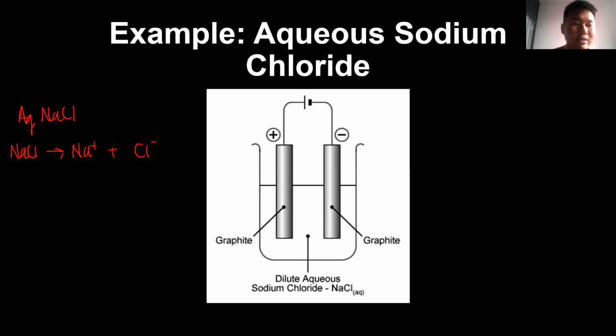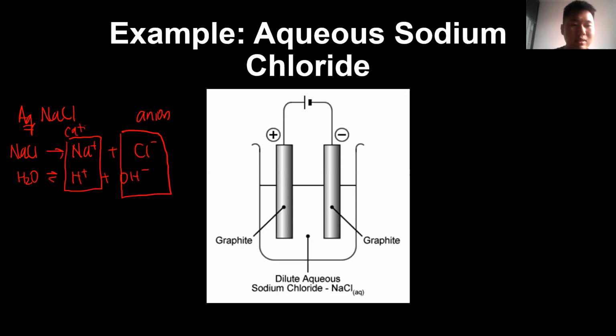And because it's aqueous, it contains water molecules. The water molecules will self-dissociate to form H+ and OH- ions. So these are the anions present in the electrolyte, and these are the cations that are present in the electrolyte.